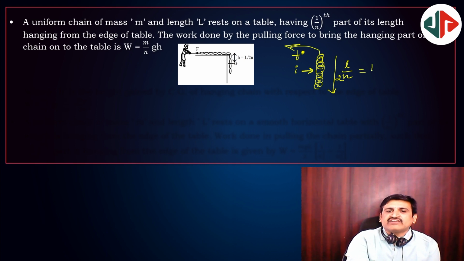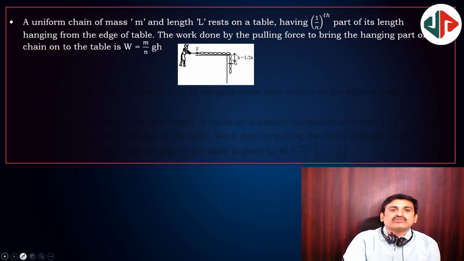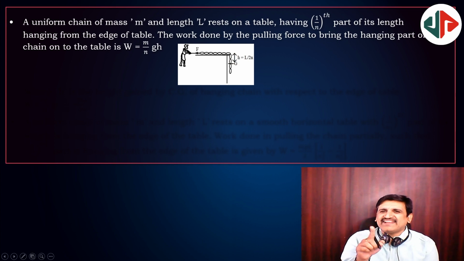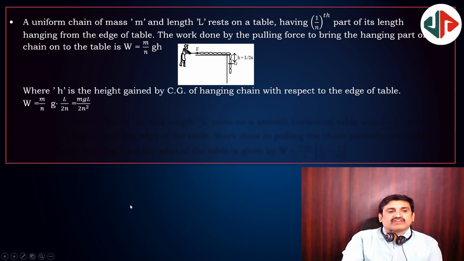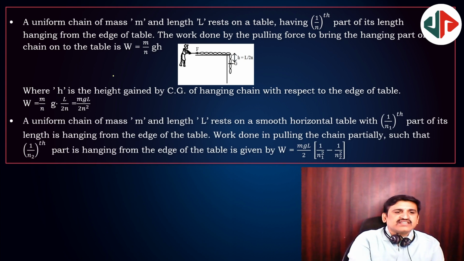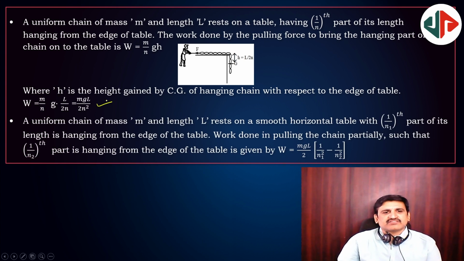So the height difference is L by 2n. So mass is raised through L by 2n height. How much mass? M by n only, not the whole mass. These are typical things you need to concentrate on more. So work done is equal to mgL by 2n square.